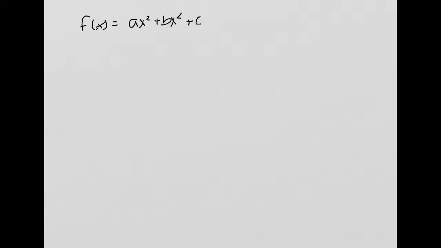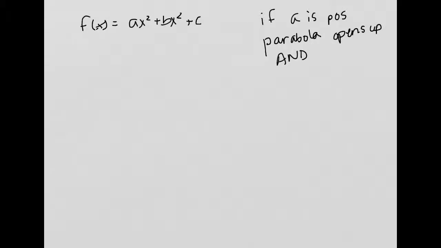Okay, if a is positive, the parabola opens up, and the parabola has what is called a minimum. And what I mean when I say minimum is that's the smallest value the parabola can have. Okay? The smallest value.